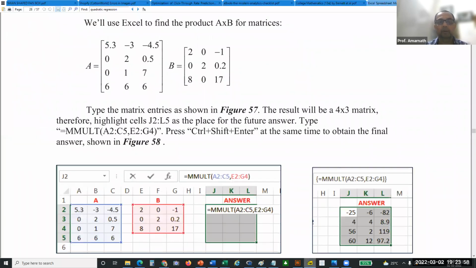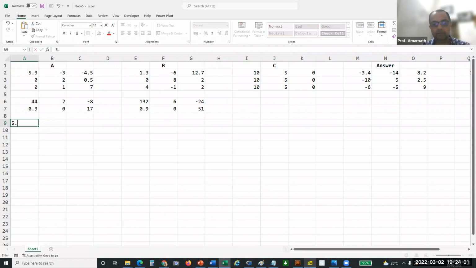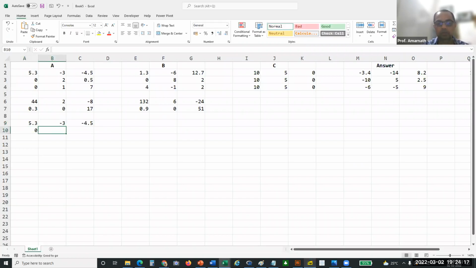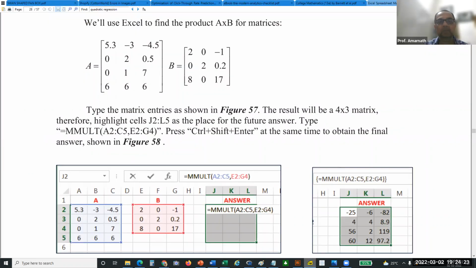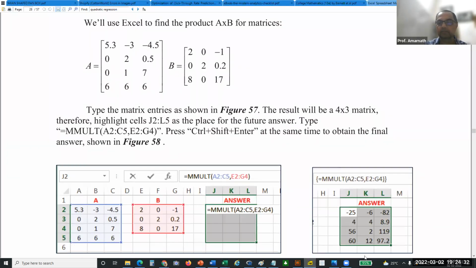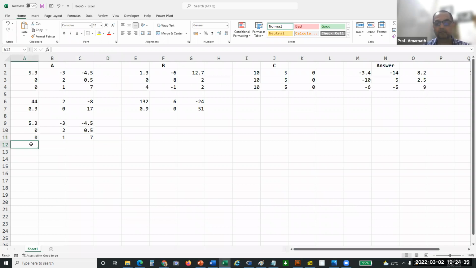So my matrix is 5.3, minus 3, minus 3, minus 4.5, 0, 2, 0.5, 017, 666. So this is a 4 by 3 matrix.